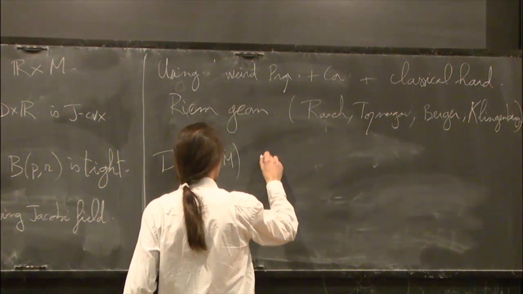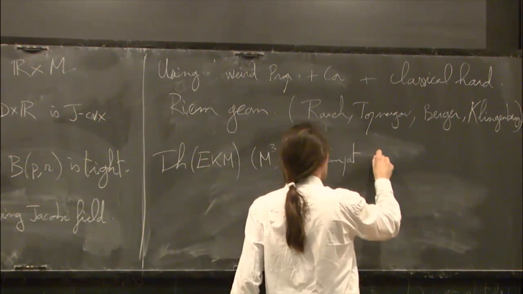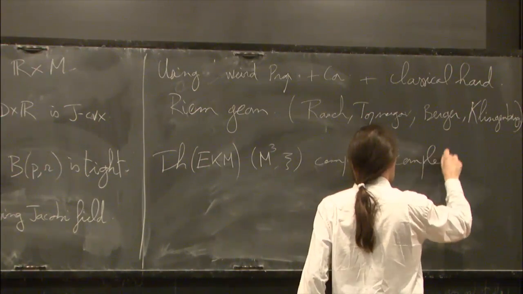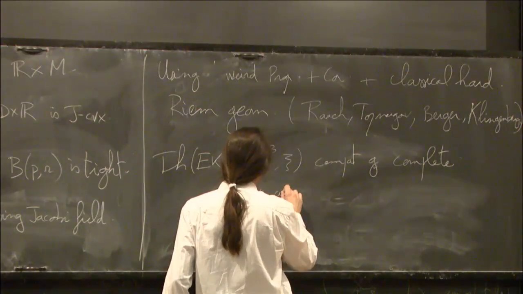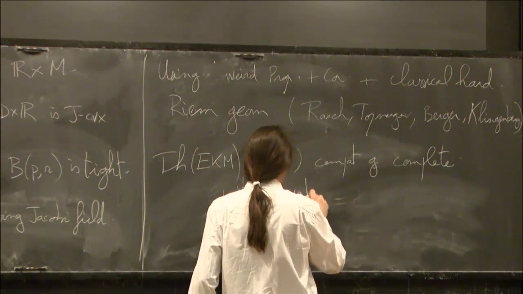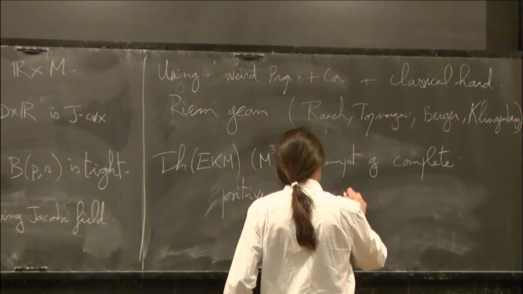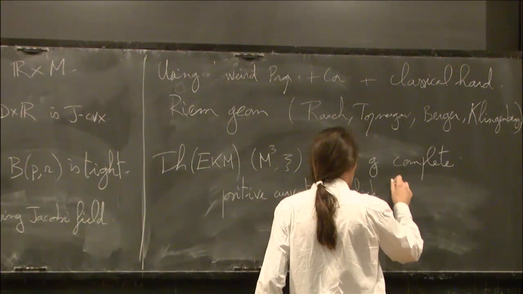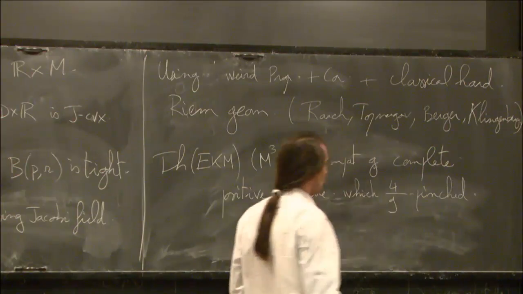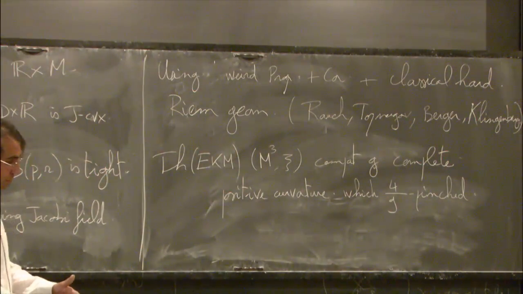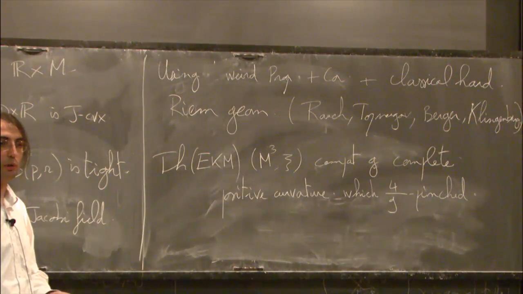So the theorem is that if M3 has a compatible metric g which is complete and positive curvature, which is not a surprising assumption, since compatible metrics tend to have positive curvature, which is 4/9 pinched. So this means that if you look at sectional curvature of any plane field, the minimum number that you find is at least 4 divided by 9 times the maximal number.